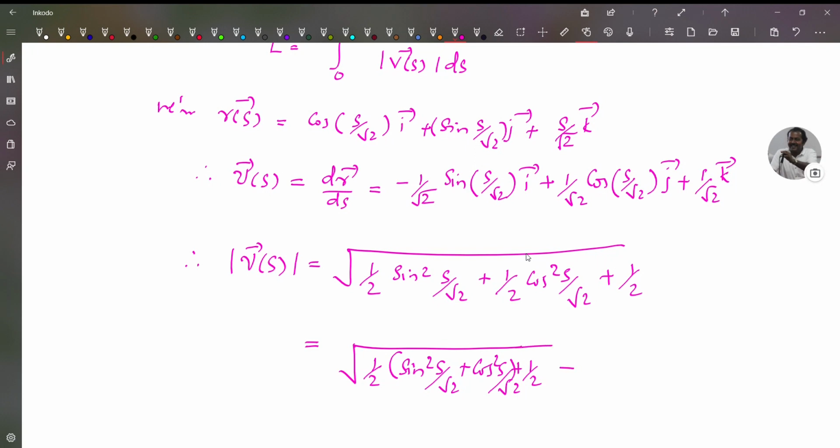So this is square root of 1 by 2 into 1 plus 1 by 2. So this is root 1, that is equal to 1.